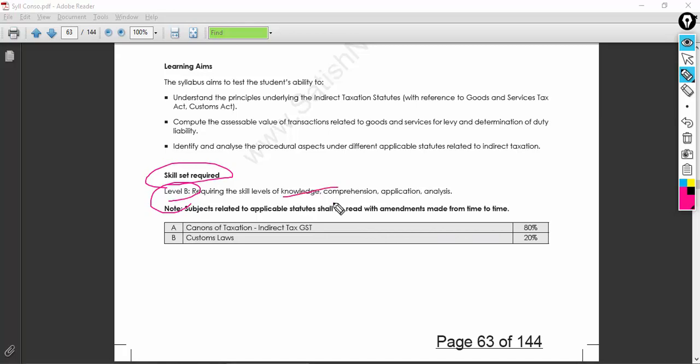You need to know the knowledge, comprehend the thing, apply the thing, and analyze the thing. So 4 important points have been clearly mentioned here. Now you know what level of skill and knowledge is expected from you in this specific paper. Yeah. As already mentioned, 80% and 20% are given to GST and case laws respectively.